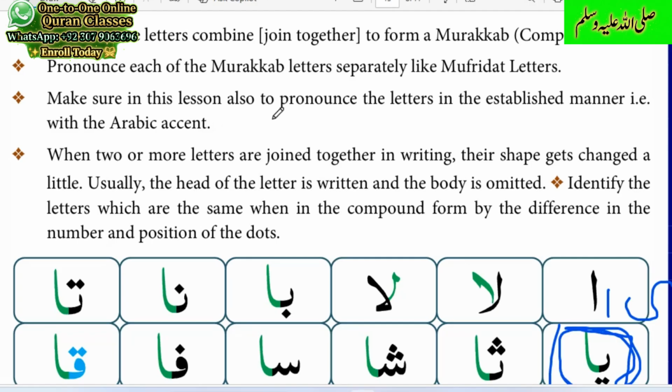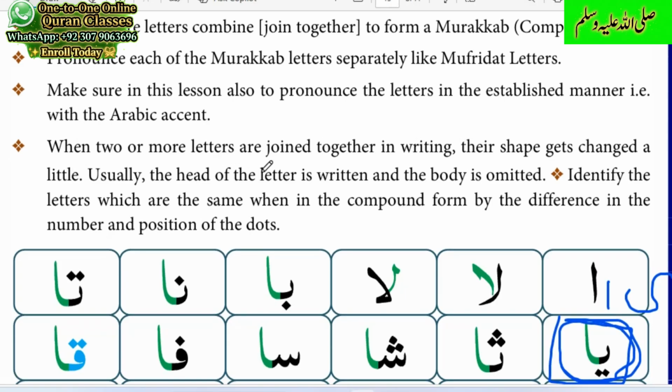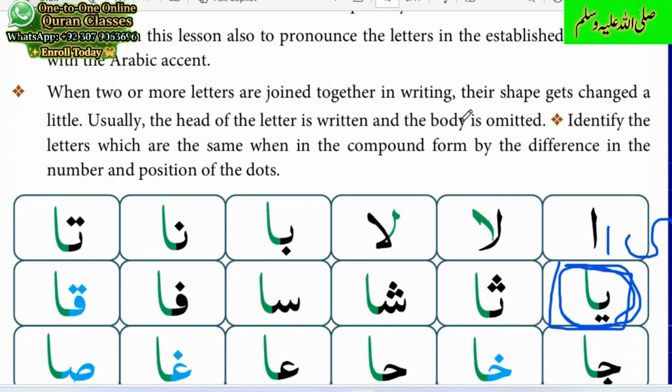Make sure in this lesson also to pronounce the letters in the established manner, i.e. with the Arabic accent, as you read in the first lesson. When two or more letters are joined together in writing, their shapes get changed a little.